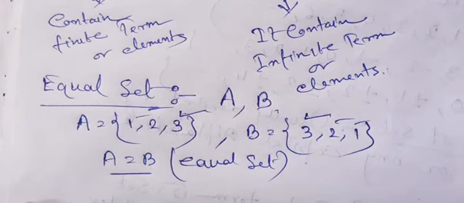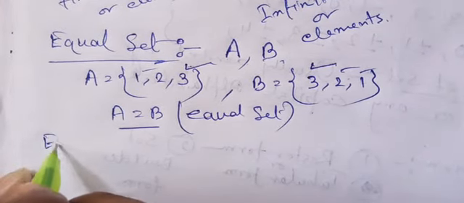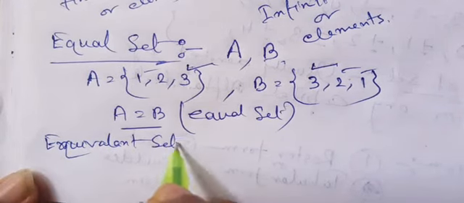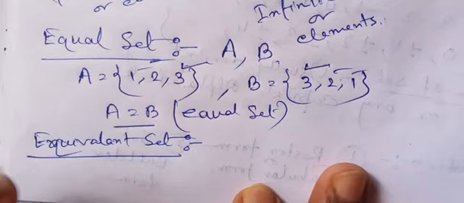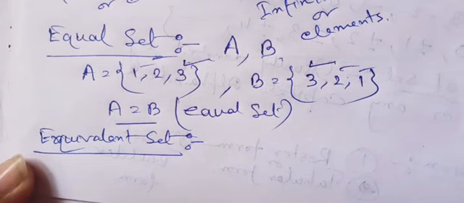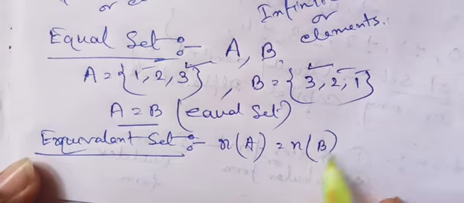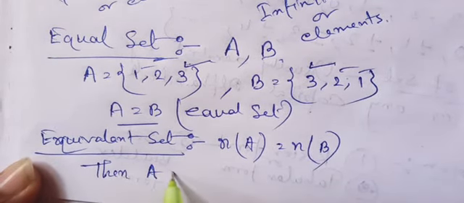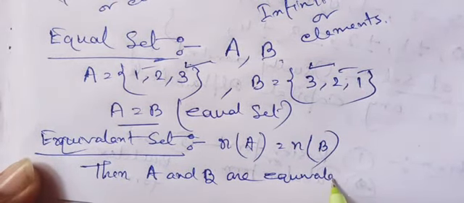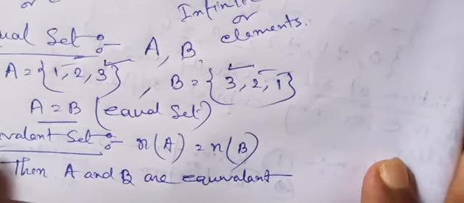Next, equivalent sets. Equivalent and equal are not the same. Two finite sets A and B are said to be equivalent if n of A equals n of B. Now, what is n of A and n of B?